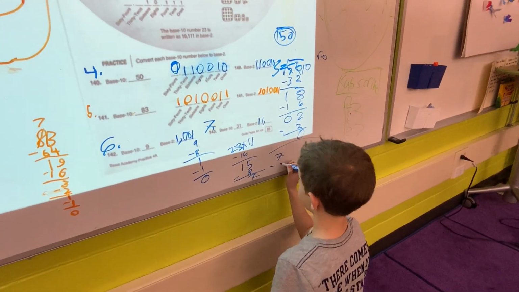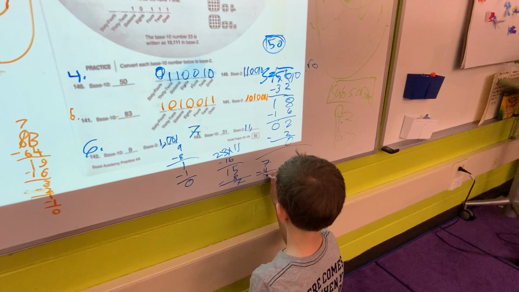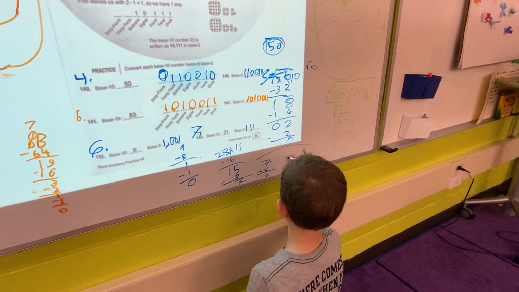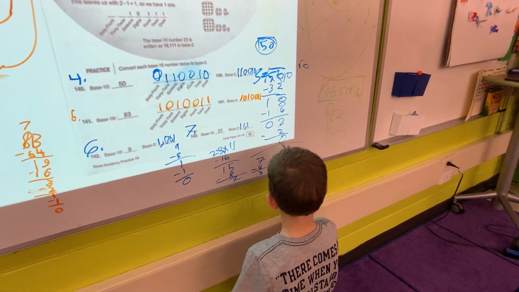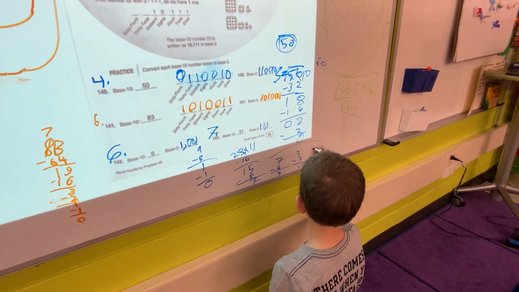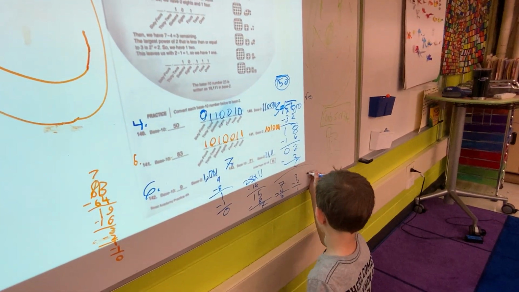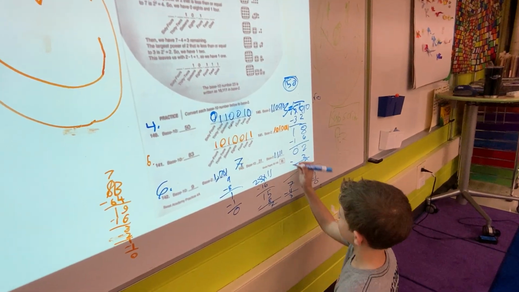And so 7 minus 4 is 3. So we put a 1 here. And 3 minus 2 is 1. So we put another 1. And 1 minus 1 equals 0. So we put another 1.